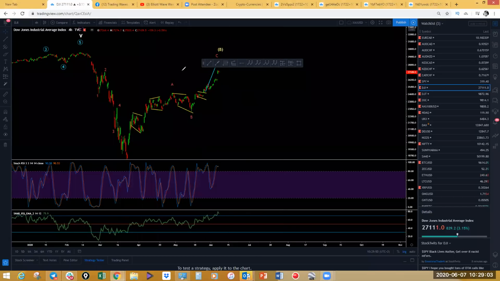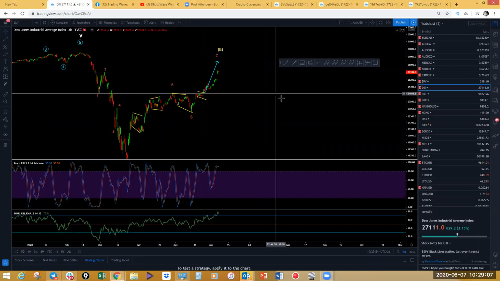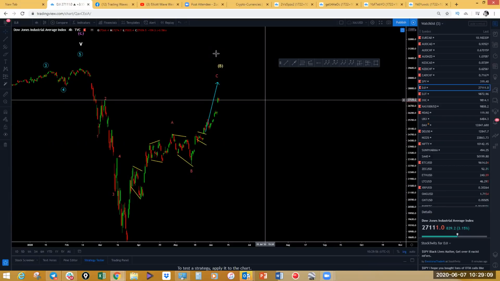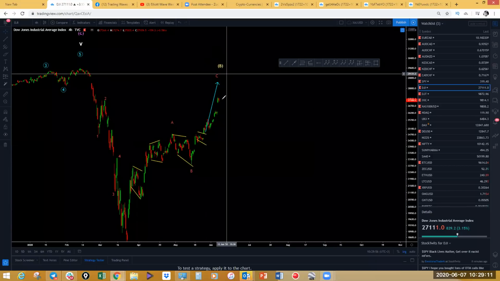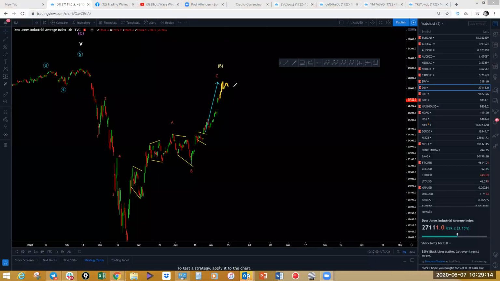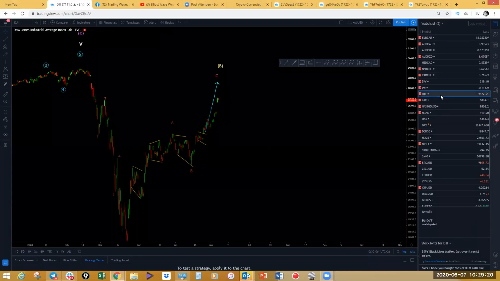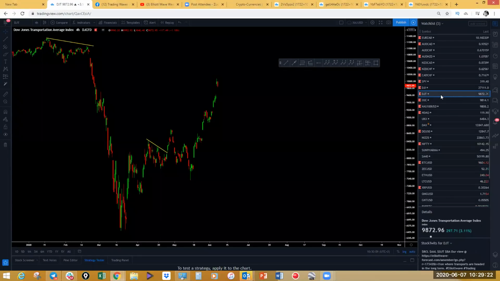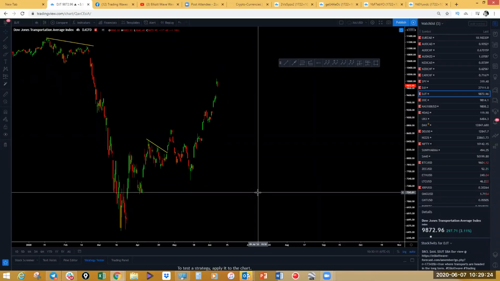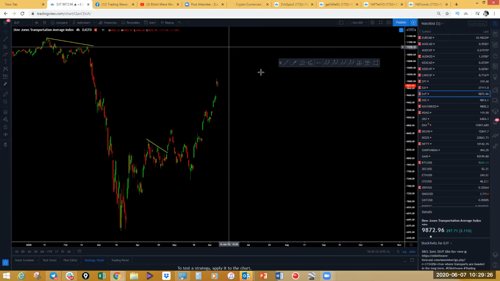You may get a bit of a push to the upside before you get any pullback on the indices. Still showing strength, and we may get just a move to the upside and start pulling back. Now we are going to get a pullback and not a reversal. Okay, we're going to update the structure there. So the transportation is exactly the same as the industrial, pushing higher as well.